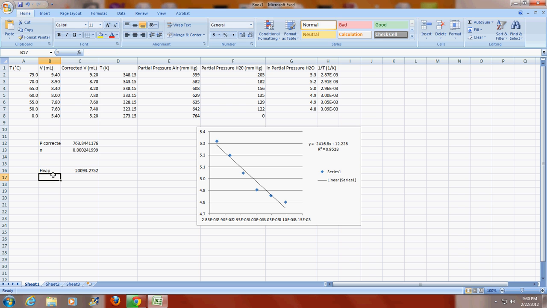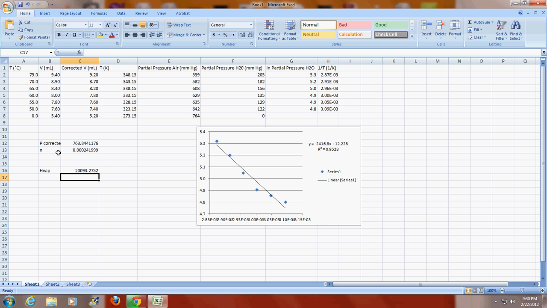And that gives me a value that's actually in joules per mole instead of kilojoules per mole. And so I didn't put in minus the slope, I put in the slope, I'm sorry. So if it's minus the slope, that's going to be a positive value. And so that gives me a value that's in joules per mole, not kilojoules per mole.